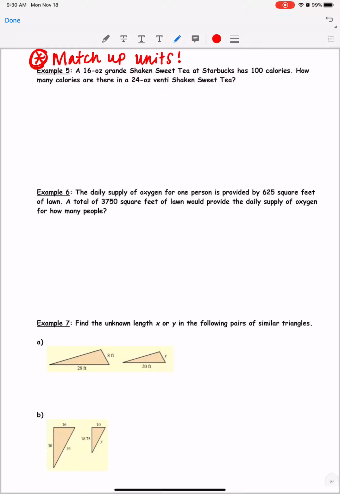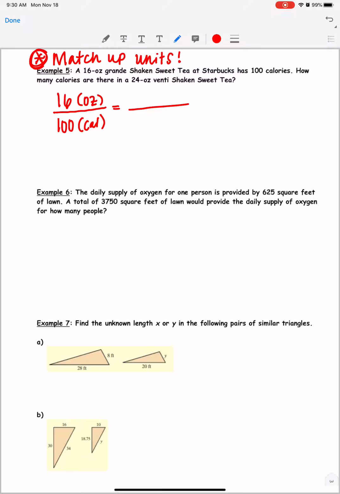So we have a 16-ounce grande shaken sweet tea at Starbucks has 100 calories. So that is my first proportion. So we have 16, and I'm going to put my units in parentheses because the only reason we're writing them is to make sure that my proportion matches up, but we don't use them when we cross multiply. So 16 ounces has, excuse me, 100 calories.